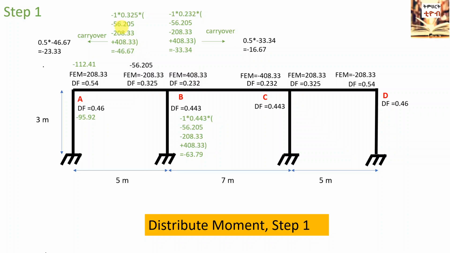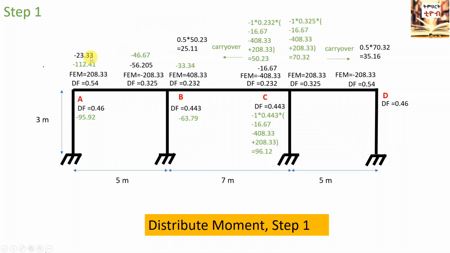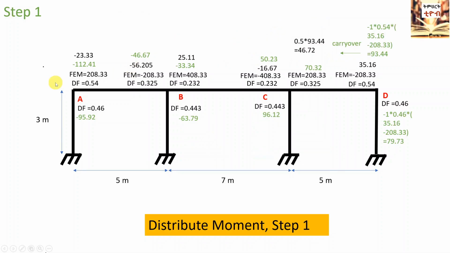In a similar way, we need to add the opposite of this moment multiplied by the distribution factor specified at the joint. After balancing, we need to carry over the moments to the opposite ends of the members. Then we move to joint C and will do the same. Then we move to joint D and will do the same.